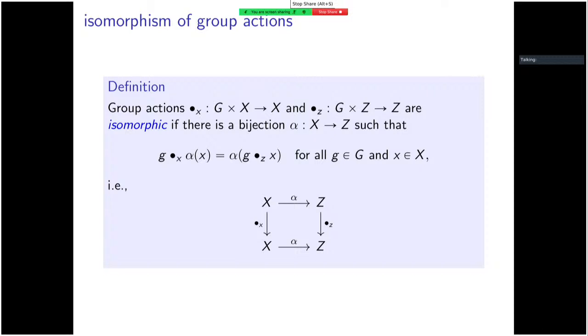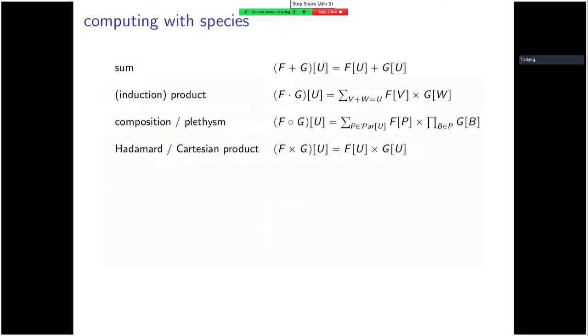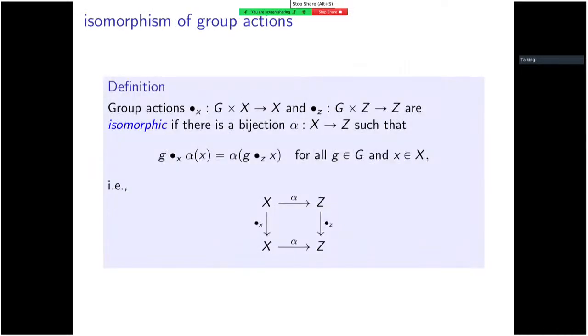So two group actions are isomorphic if there is a bijection alpha which commutes with the group action. That's what this is saying. Other questions so far?